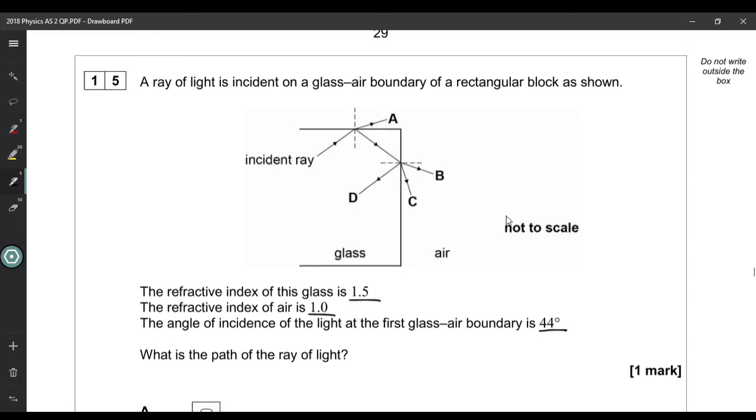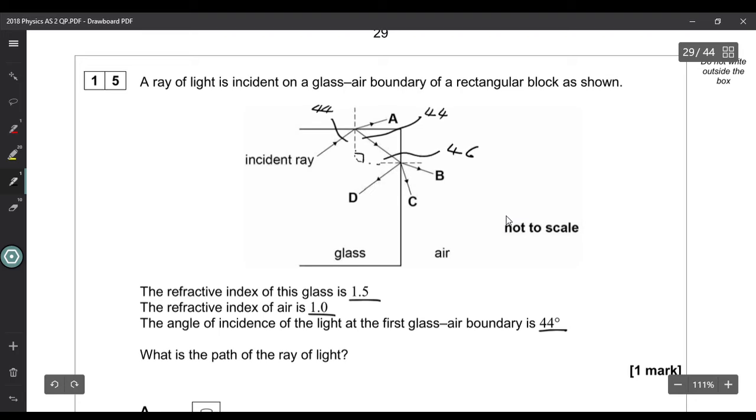So if we put on some angles, we know that this one is 44, so therefore this one must be 44, and because we've got a right hand triangle here, this one must be 46.